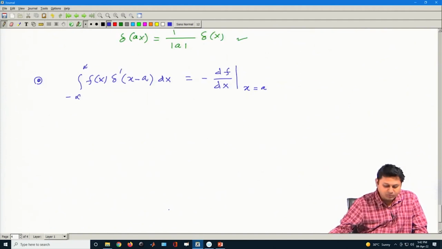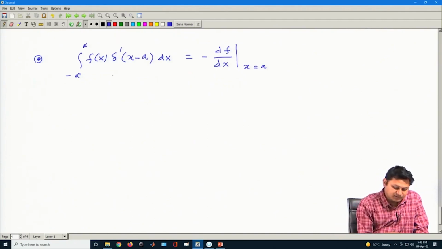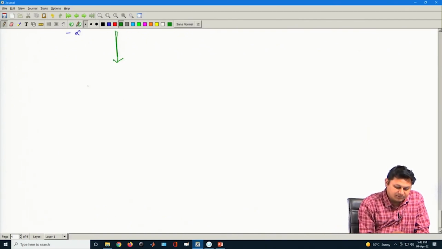I am just giving you the hint: you just calculate the left hand side integral by parts.